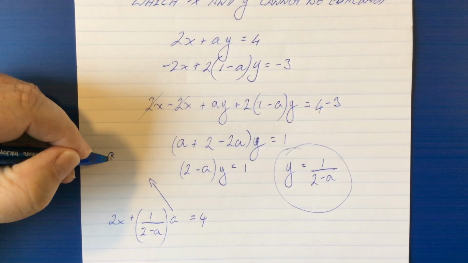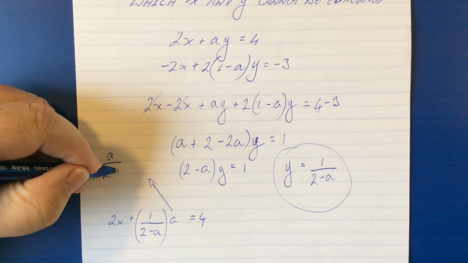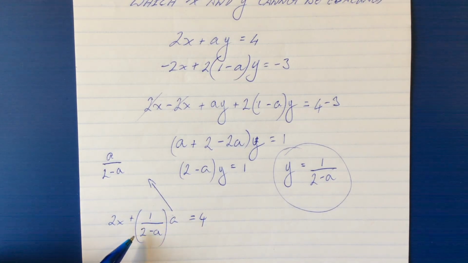That gives us a over 2 minus a. So that's a little tidier.